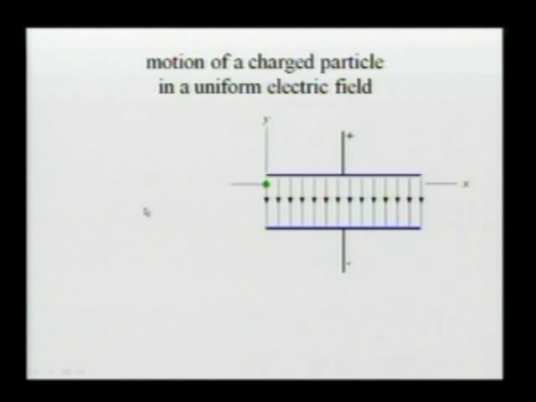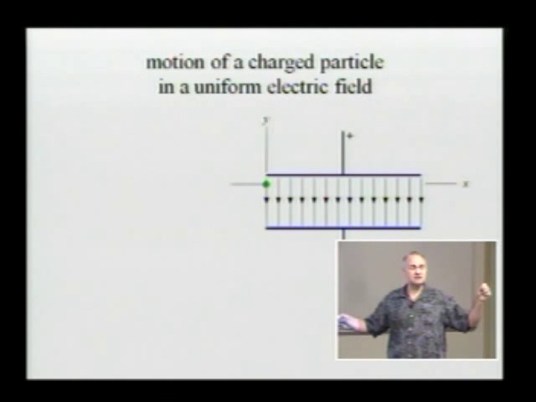Now, if I consider a particle like an electron or a proton, what happens to this charge? Is it going to increase, decrease, or nothing? Who votes that it is going to increase? Who votes that it is going to decrease? Who votes that nothing will happen? Right. Charge of an electron cannot change.